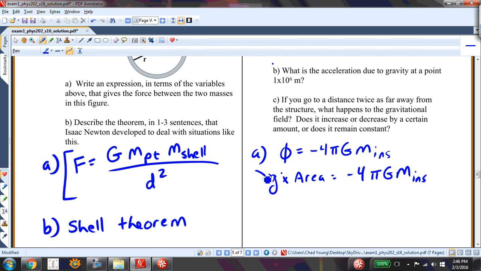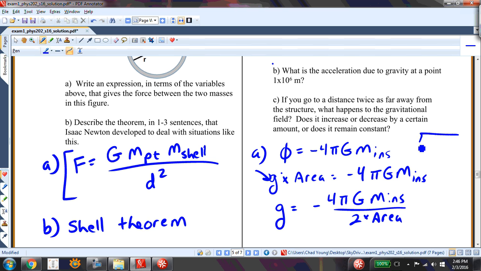I'm looking for the gravitational field, which is g, so this is going to be negative 4 pi big G mass inside. I'm going to go ahead and put in a little 2 here. We talked about this in class: twice the area, because we have this flat structure, and then we create a Gaussian surface that's also a flat structure above and below. And so we have twice the area above that sheet and below that sheet.